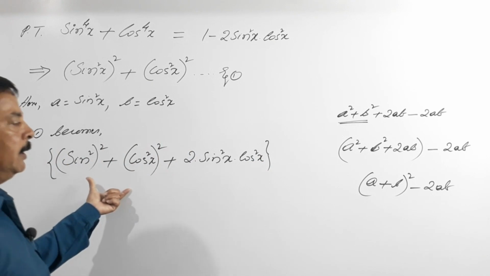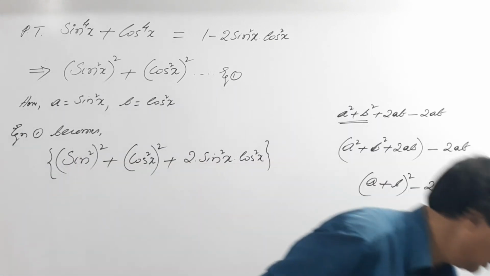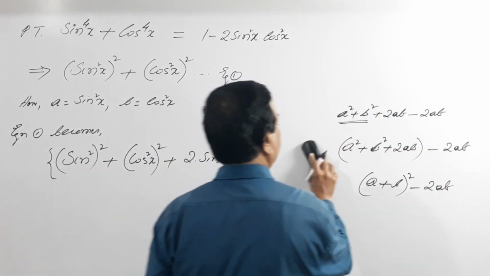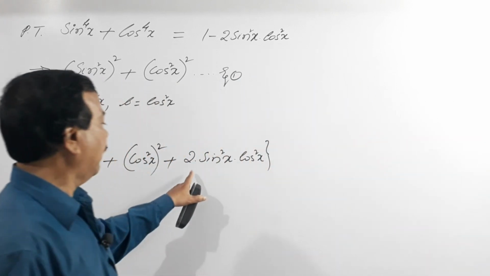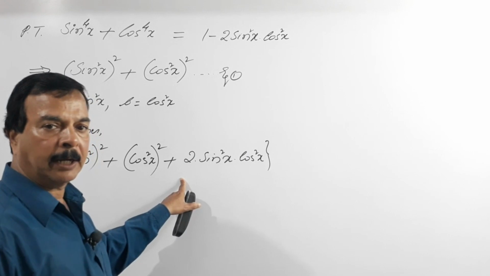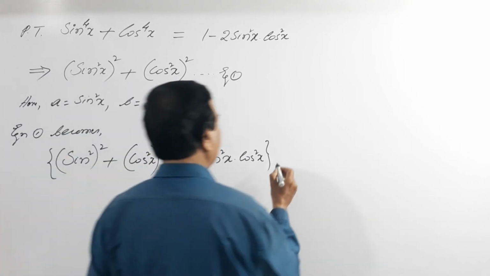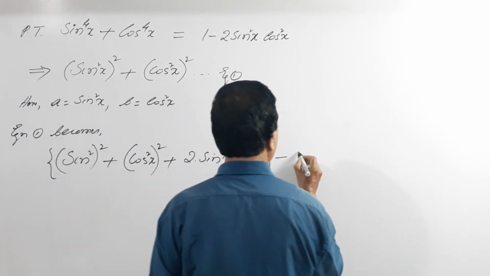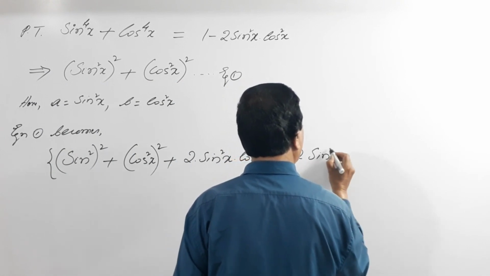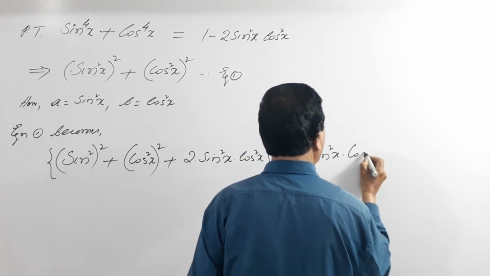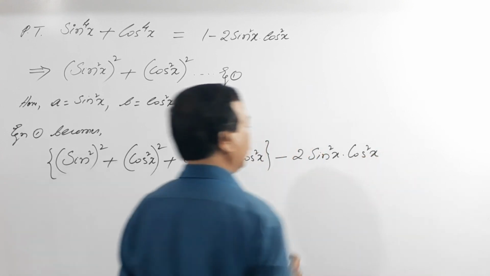This is our a plus b. Since I have added plus 2ab, I have to subtract minus 2ab. So minus 2 into a is sin square x into cos square x.